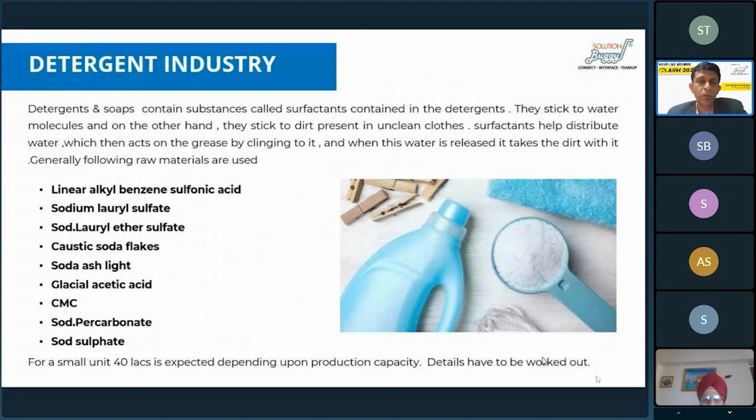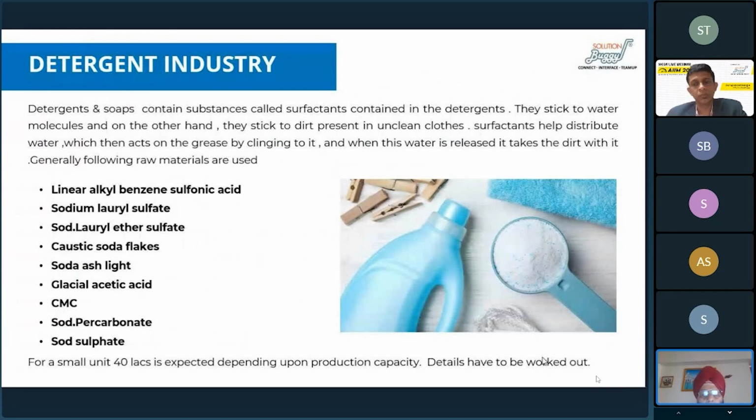So, if somebody wants to set up this unit, can he supply to the big players, or should he make his own detergent? Yes, one can make it, but either he can purchase linear alkyl benzene sulfonic acid from the market, or make it himself from linear alkyl benzene.